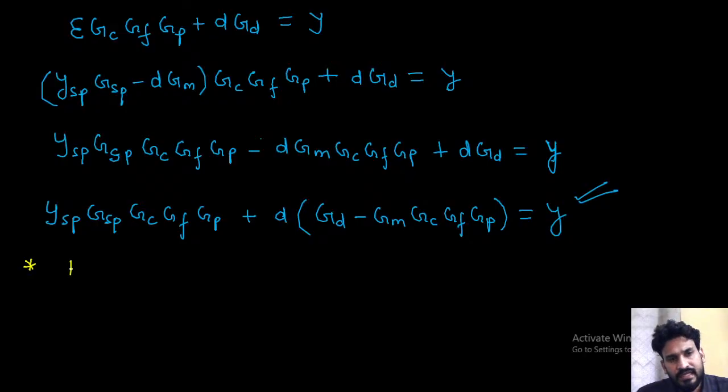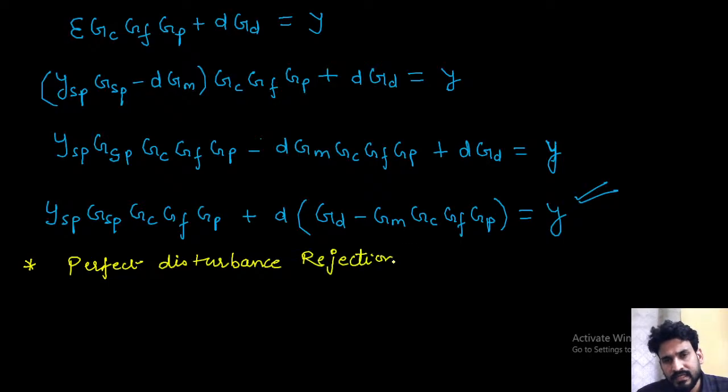So I'm saying that it is perfect disturbance rejection. If the question is asking what is the transfer function for perfect disturbance rejection, it means that it is basically talking about the feed forward.